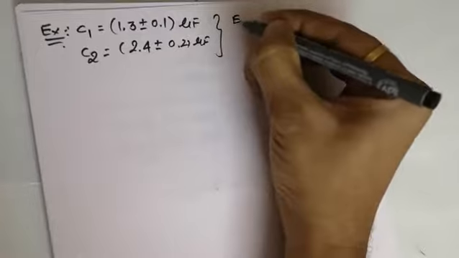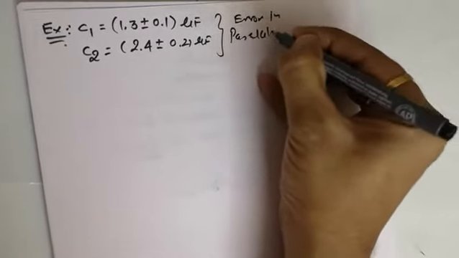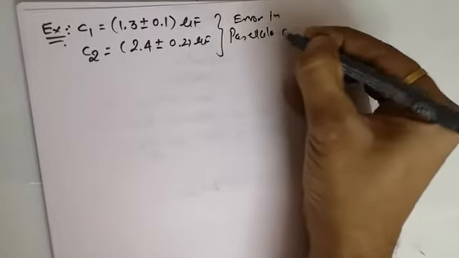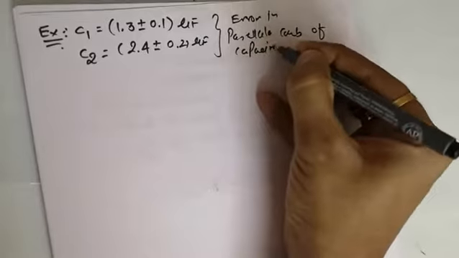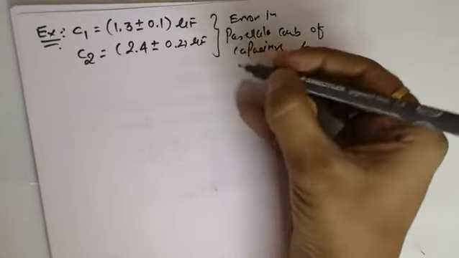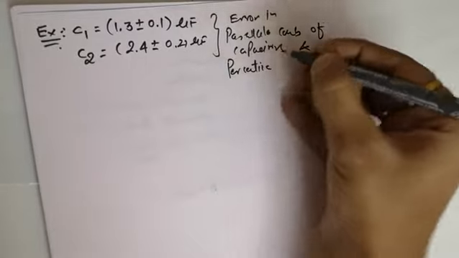I want to find the error in the parallel combination of capacitors, and from that I am finding the percentage error.